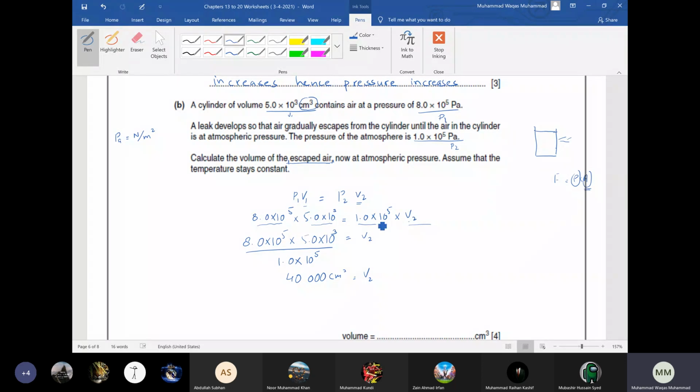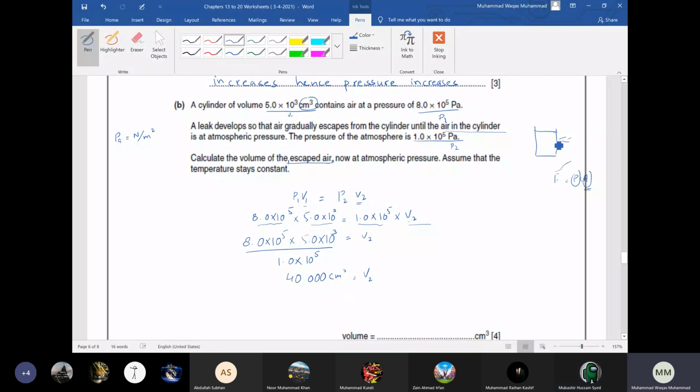But beta, when the leak develops and gas escapes from the cylinder, does all the gas escape from the cylinder? No, sir. The question even gives you a hint that a leak develops so that air gradually escapes from the cylinder until the air in the cylinder is at atmospheric pressure. It means when the leak develops, obviously all the air will not leave.